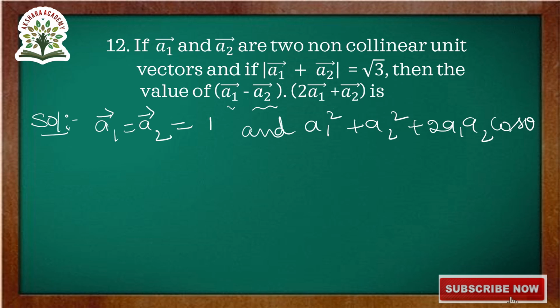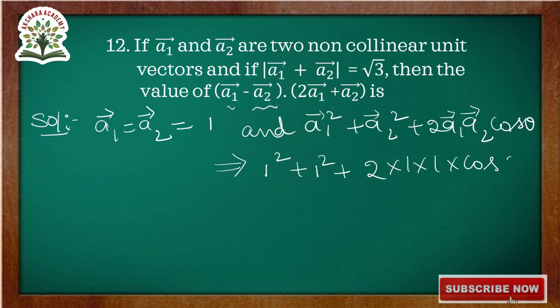Now unit vector means A1 is equal to 1, A2 is equal to 1. Substituting A1 as 1 and A2 as 1, that implies 1 square plus 1 square plus 2 into 1 into 1 into cos theta. 1 square is nothing but 1, 1 plus 1 is 2, plus 2 cos theta.